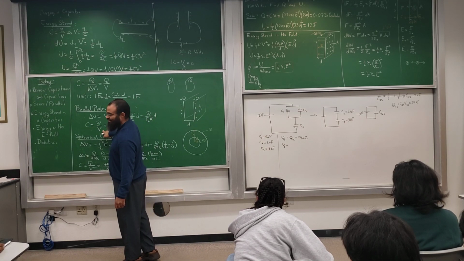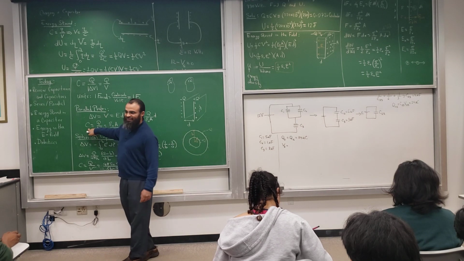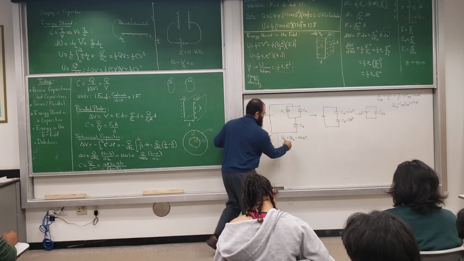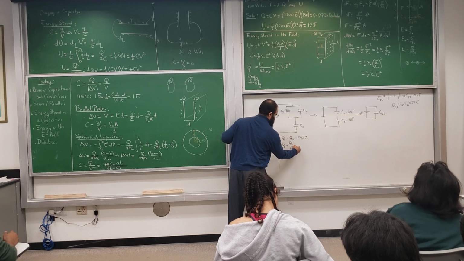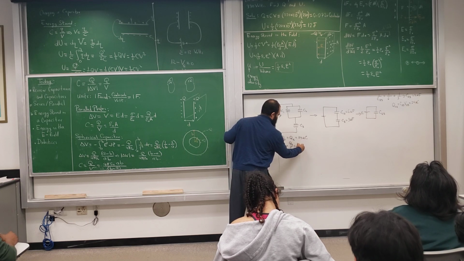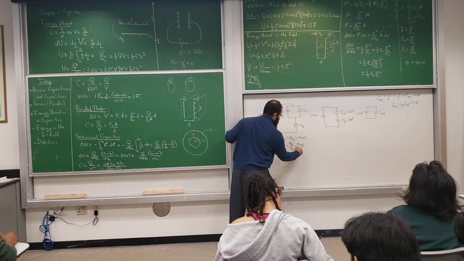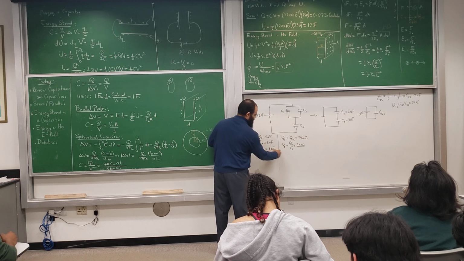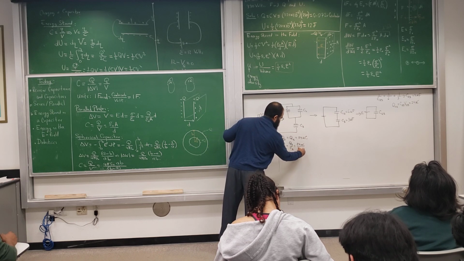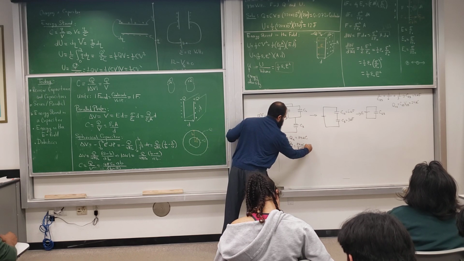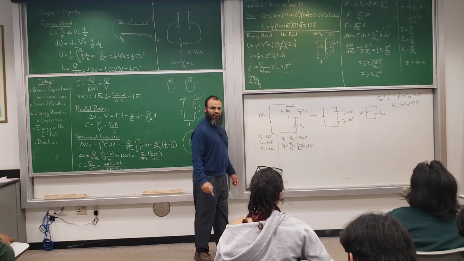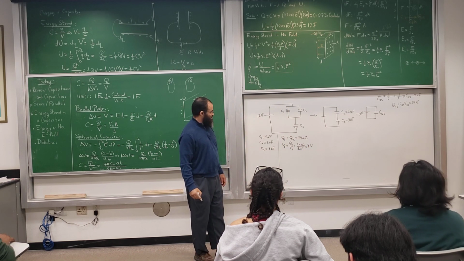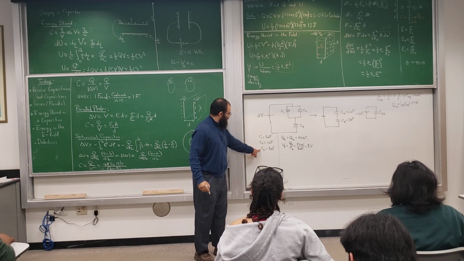C is Q over V, so V is Q over C. So it will be Q3 over C3. That's 24 microcoulombs divided by 3 microfarads, and that's 8 volts, right? For C3.